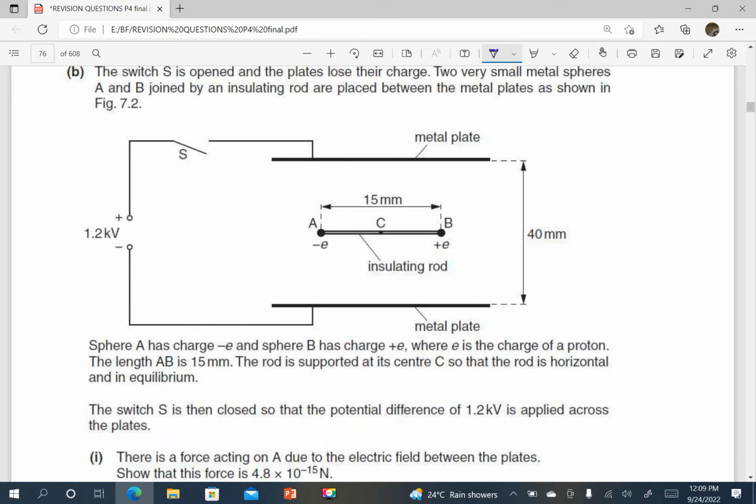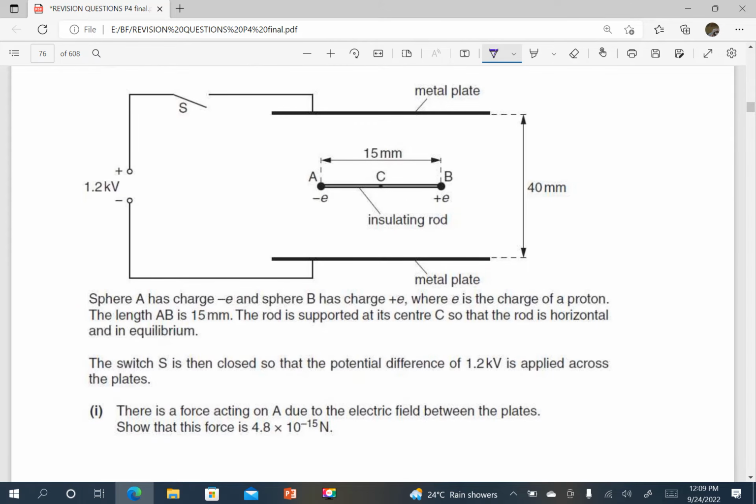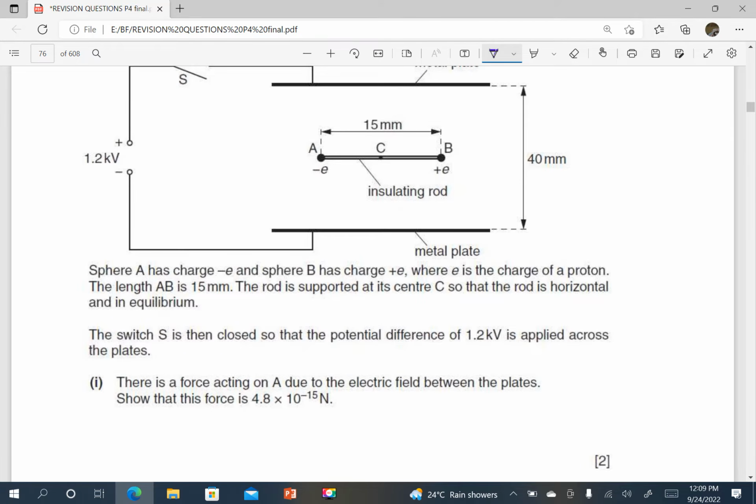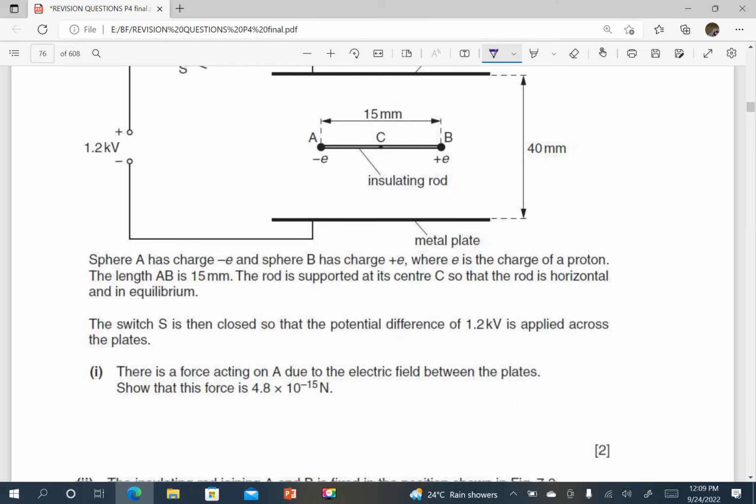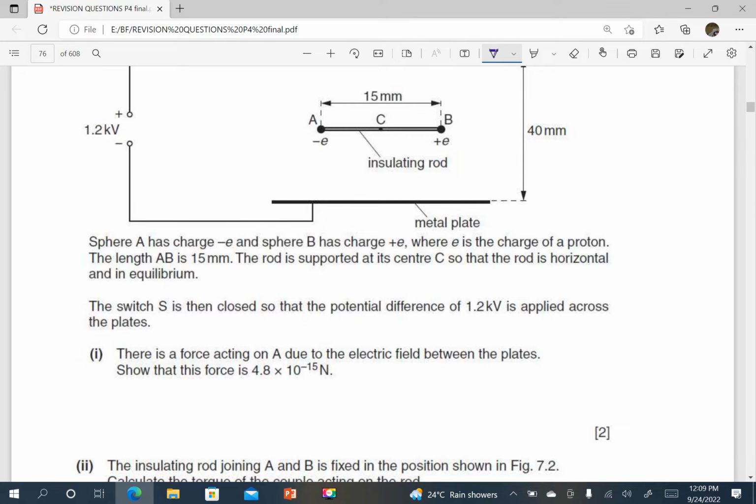The switch S is then closed so that the potential difference is again 1.2. There is a force acting on A due to the electric field between the plates. Show that the force is that. Force due to the electric field is the charge times the electric field strength. The charge is 1.6 times 10 power negative 19 because it's an electron.